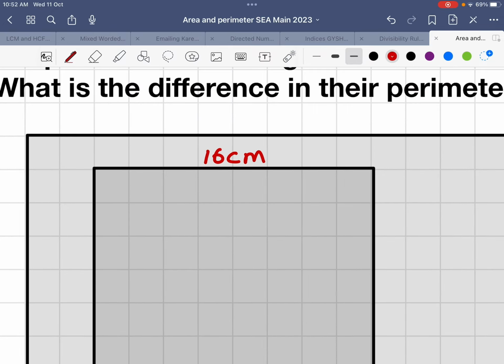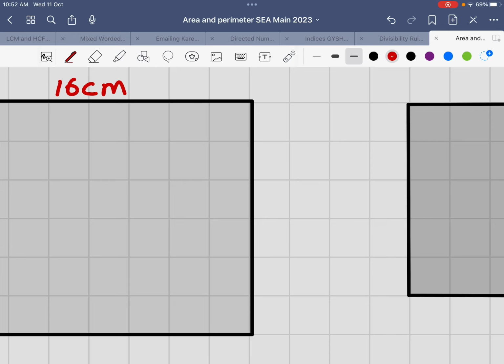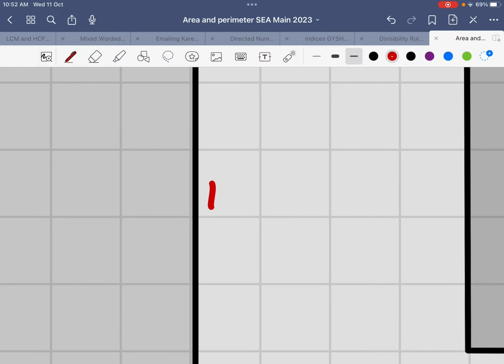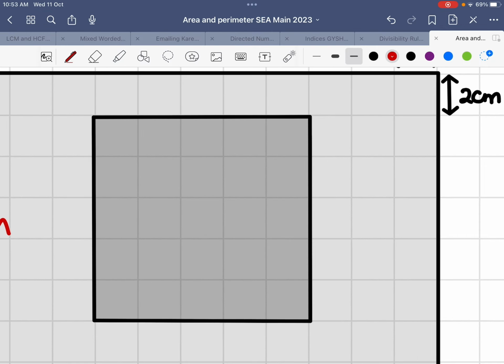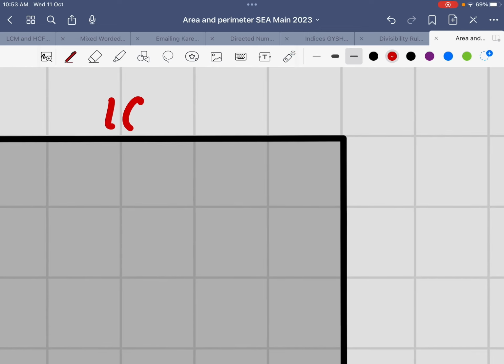And the width of the rectangle is 2, 4, 6, 8, 10, 12. 12 centimeters. The square, 2, 4, 6, 8, 10. And let's double check, 2, 4, 6, 8, 10. So that's 10 centimeters.